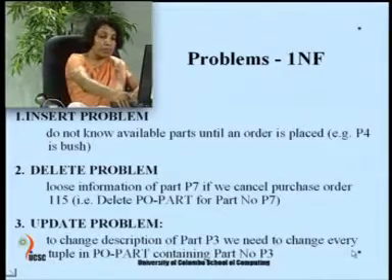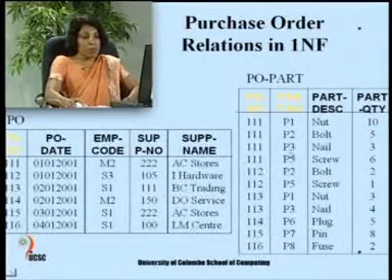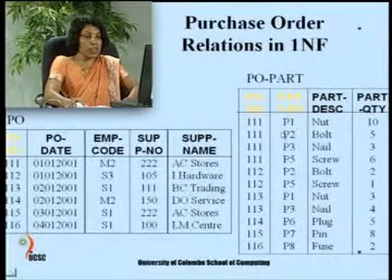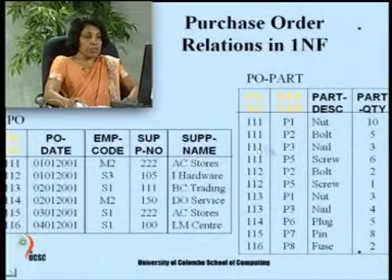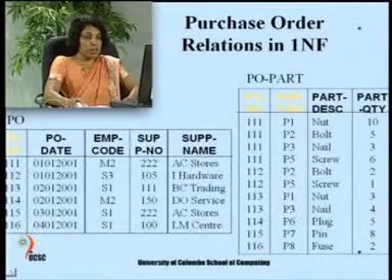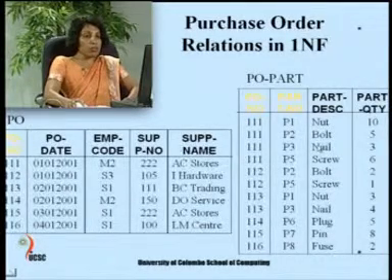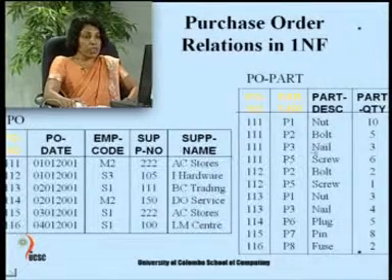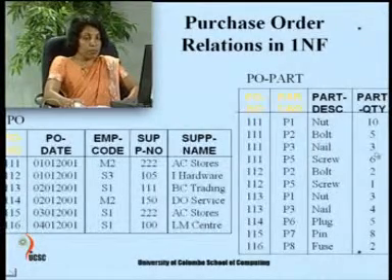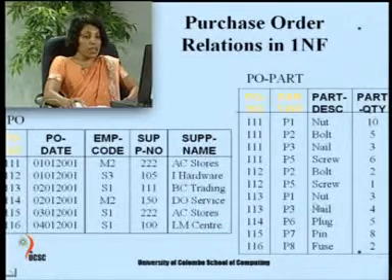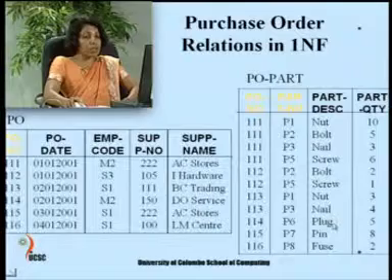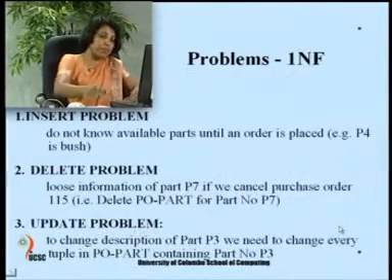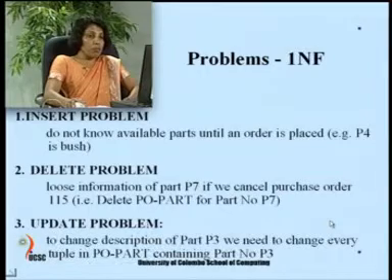For example, part number 3 has several purchase order numbers associated with it, and if we want to change its description, we have to change it everywhere. If we change it at only one place and don't update the other records, there would be an inconsistency. So, these are the anomalies or problems associated with the first normal form.